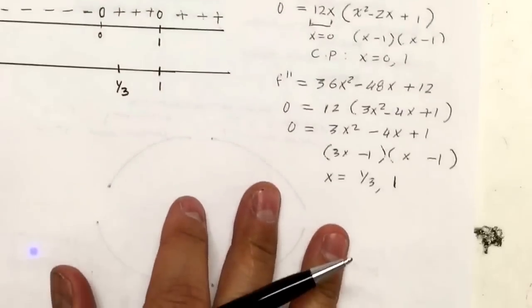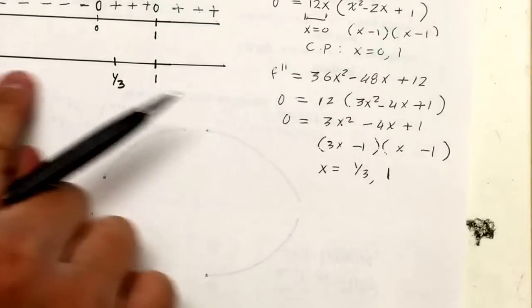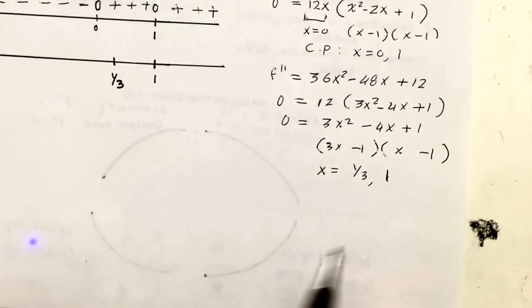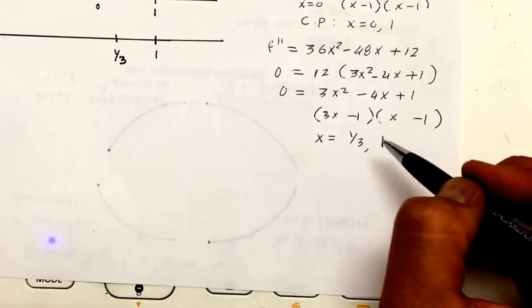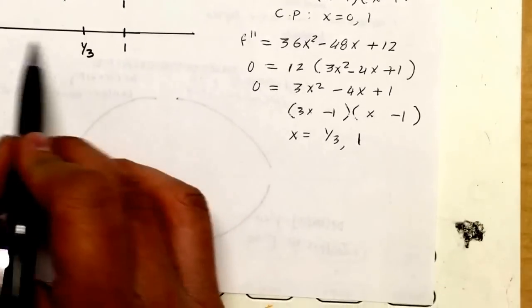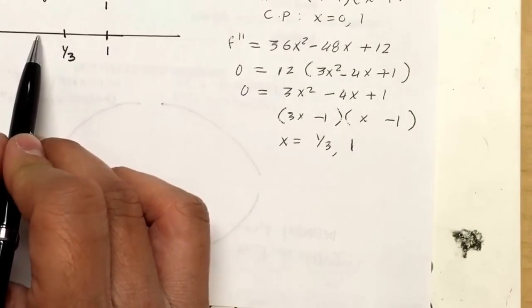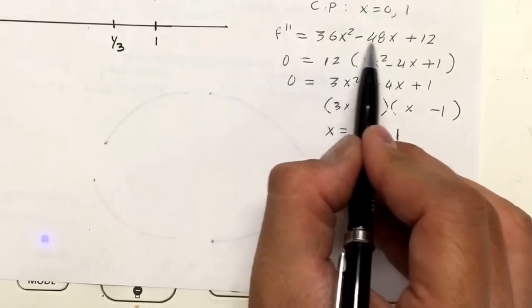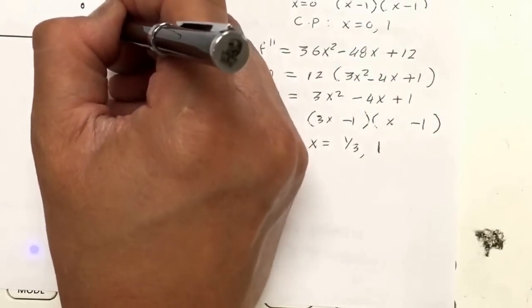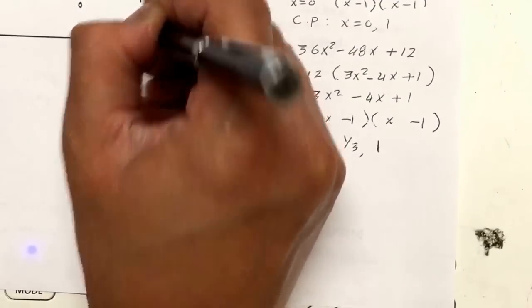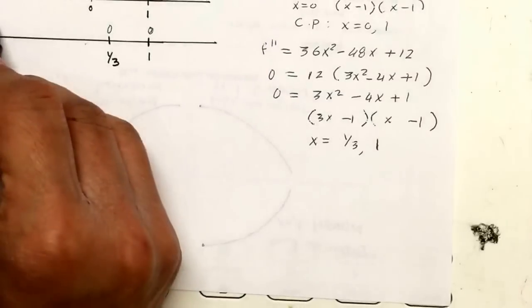Okay, great. Now let's do the same thing for the second derivative function. When you pick a test point to the left of 1/3, say 0, and plug it in there, you're going to get a positive. So these are positive.